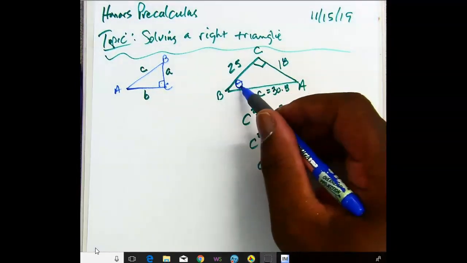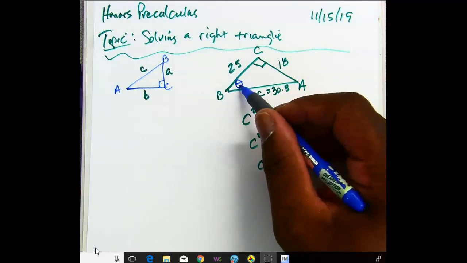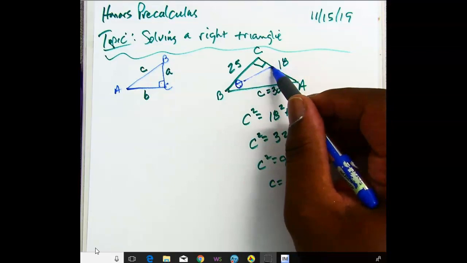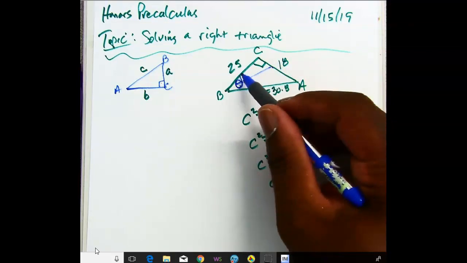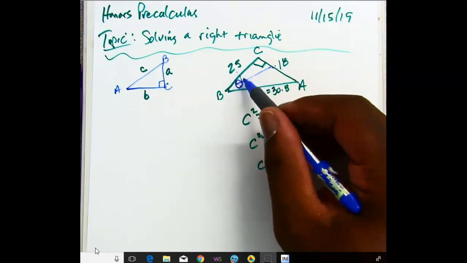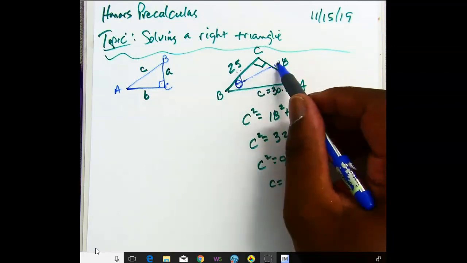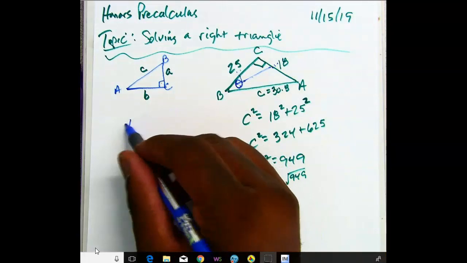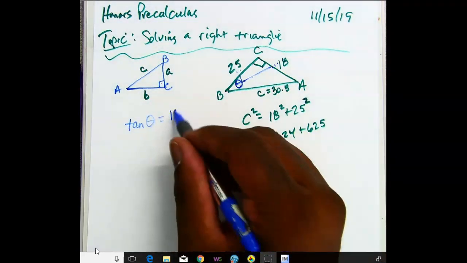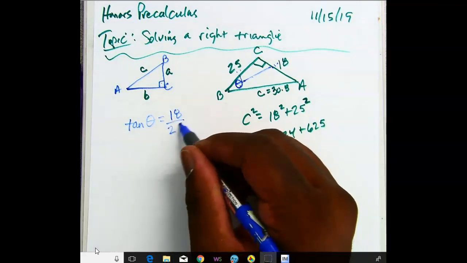So from the perspective of this angle theta, this side is opposite. This side is adjacent. Which trig function deals with opposite and adjacent? Tangent. So tangent of theta is equal to 18 divided by 25.